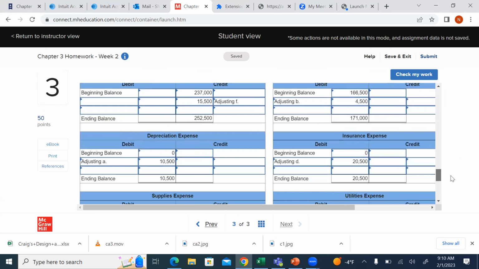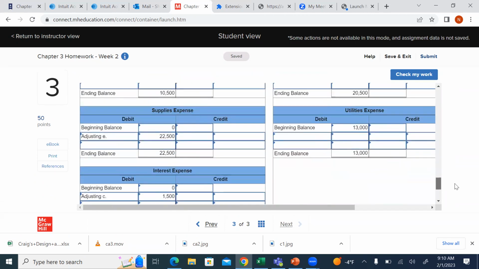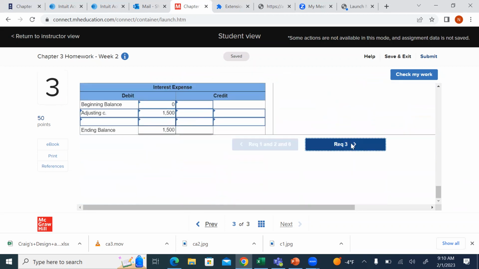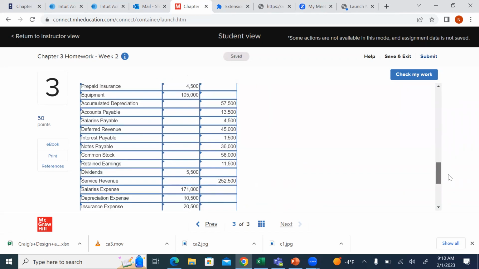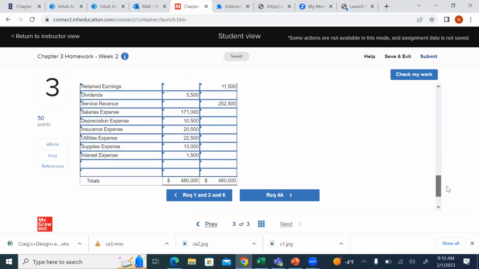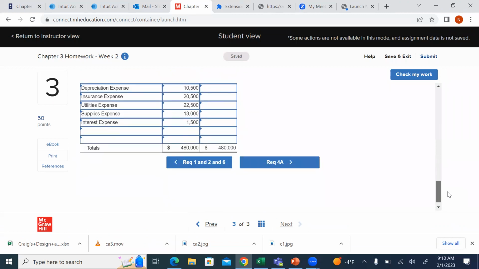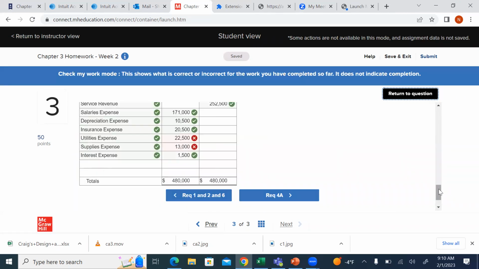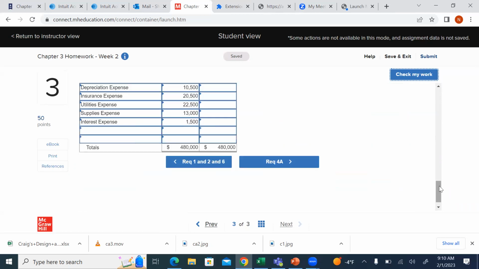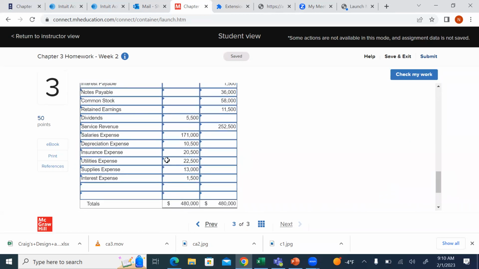Utilities expense 13, supplies expense is 22.5. See, I was trying to think on my own. Wait, so I got these wrong too, right? Yeah, so I have them just backwards. Sorry, guys. So utilities is 13, supplies is 22.5. Okay.